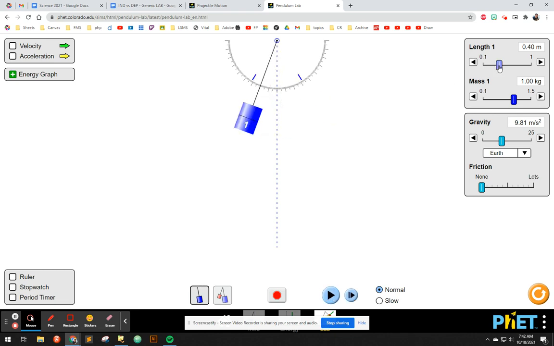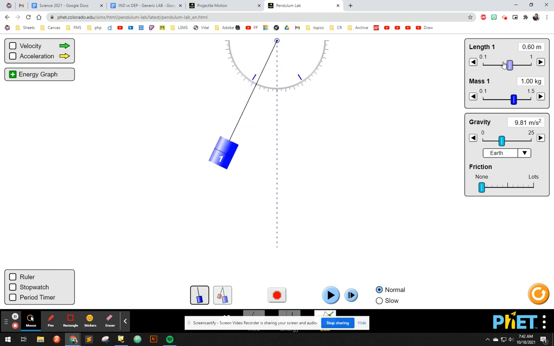Because you've been on swings, and when it's a really tall swing, it seems like it swings slower. So you could do an investigation on the relationship between the length of the string and the time it takes to get back and forth. So that would be easy.